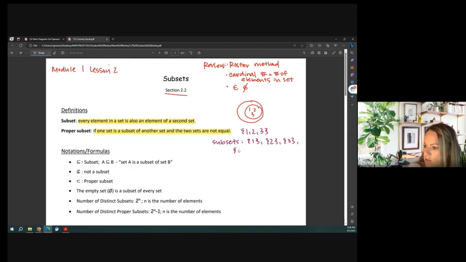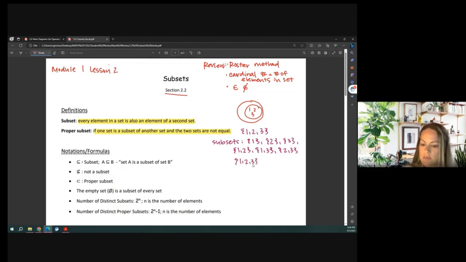We can also have bigger sets with just 2 numbers, 1 and 2. We can have 1 and 3. And then we can also have 2 and 3. And then we can also have the original set, 1, 2, 3.